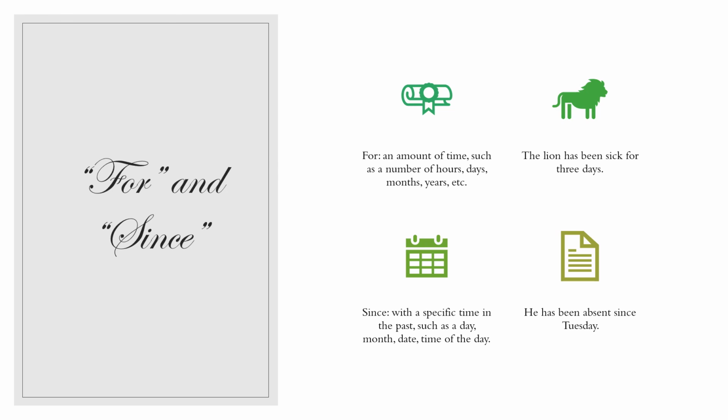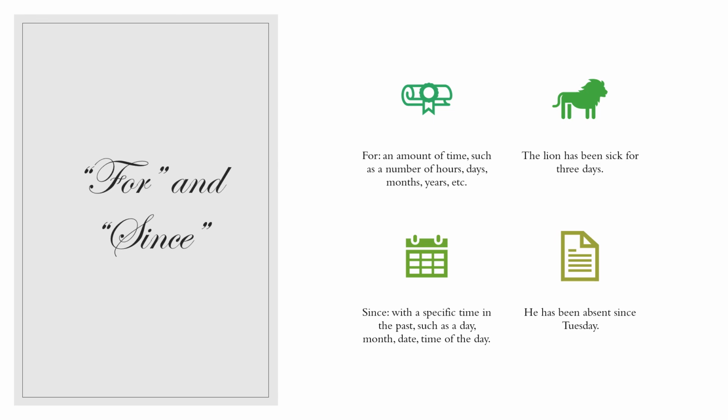Since is used with a specific time in the past, such as day, month, date, time of the day. What do I mean with that? It means that I am going to mention the point in time when an action started. Example, he has been absent since Tuesday.